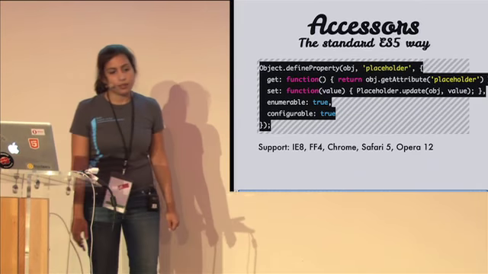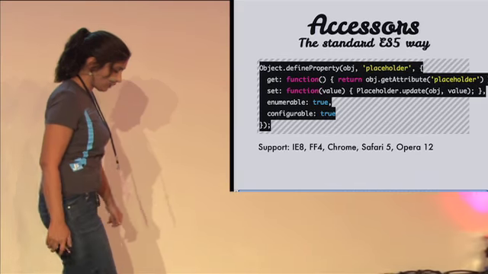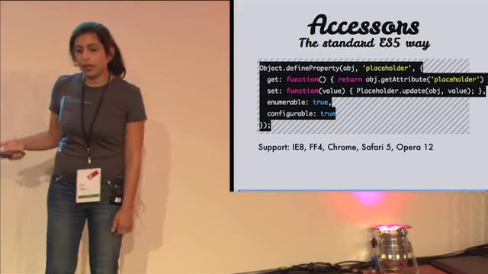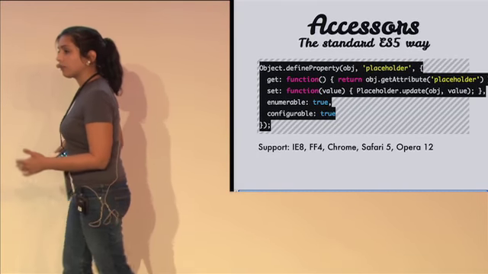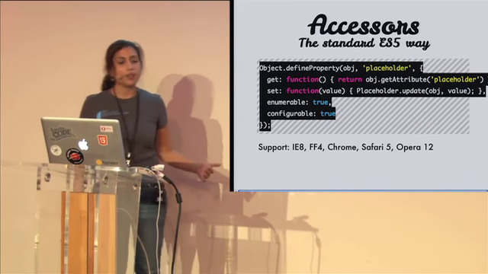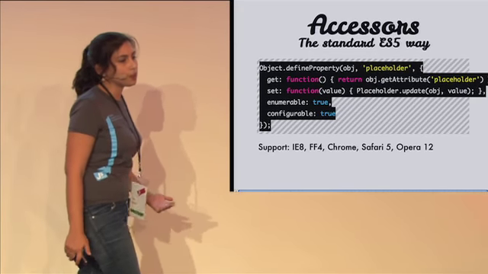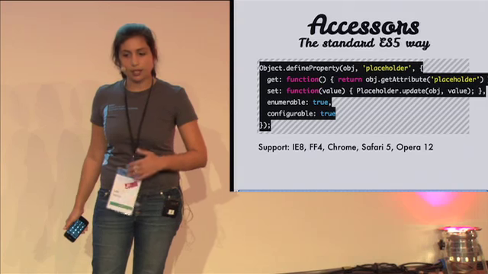So we have defineProperty. It accepts a get and a set property in the parameter, and we make some callbacks for them, which get fired when somebody attempts to set that property. So this property essentially functions like a property, but actually it's more like a function.